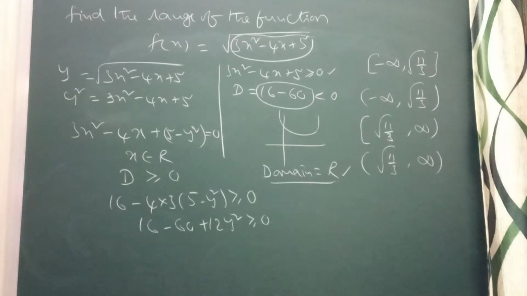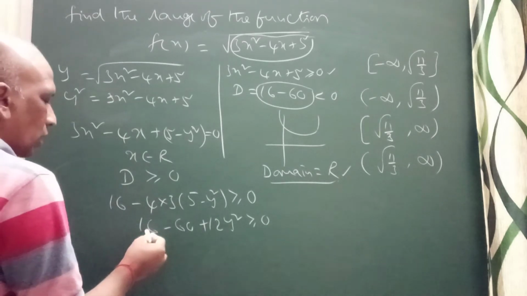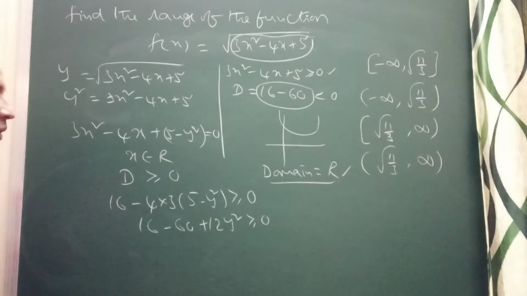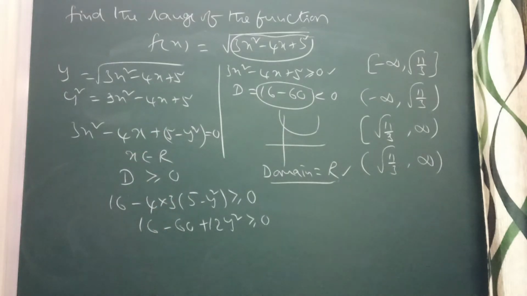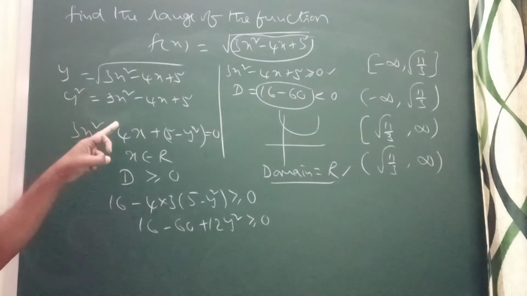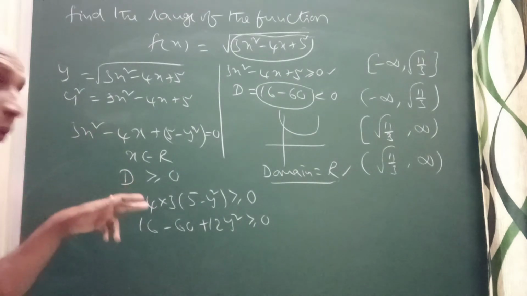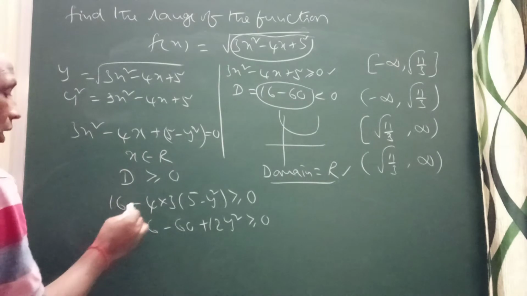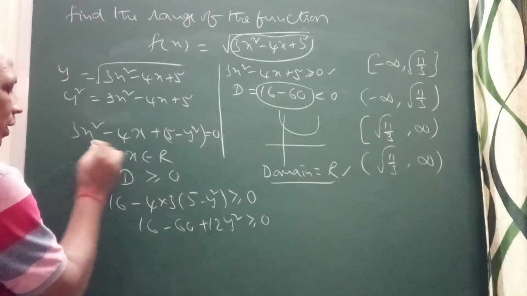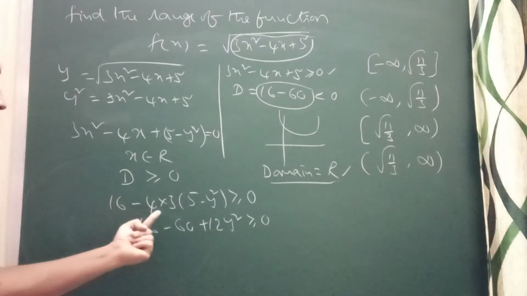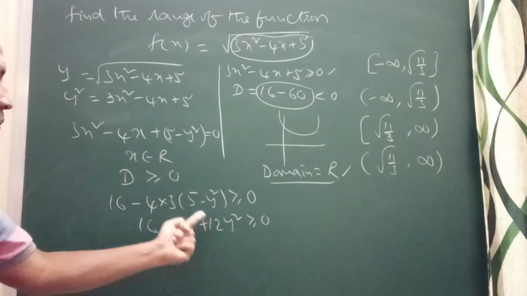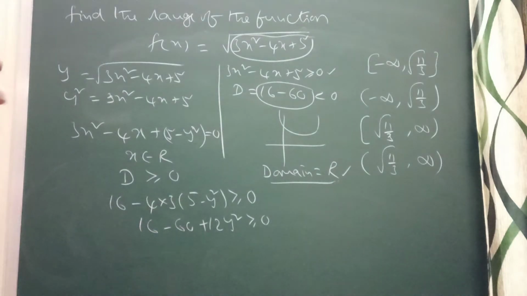We have 3x square minus 4x plus 5 minus y square equal to 0, so the discriminant is greater than or equal to 0. Oh, I should write 4ac: b square minus 4 into a into c greater than or equal to 0. Now 16 minus 60 plus 12 y square greater than or equal to 0.